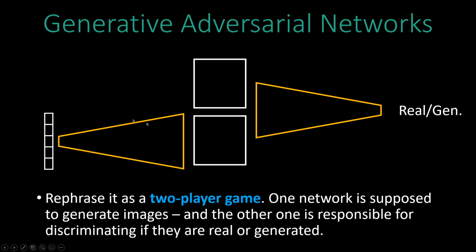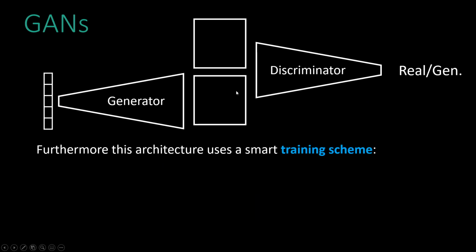So one network, this one, is supposed to generate images, and then we have another one which is responsible for discriminating if these images are good enough or close enough to the real ones, basically. Well, this network is sort of responsible for telling if they are real or if they are generated. We call these two networks one the generator and one the discriminator.